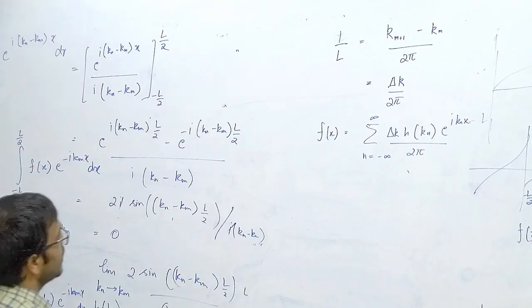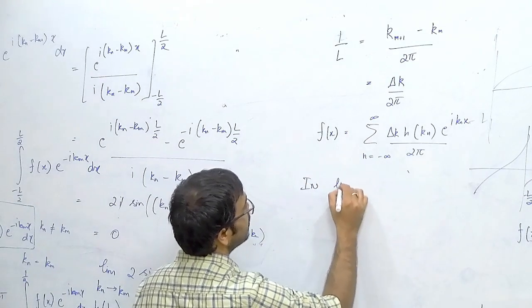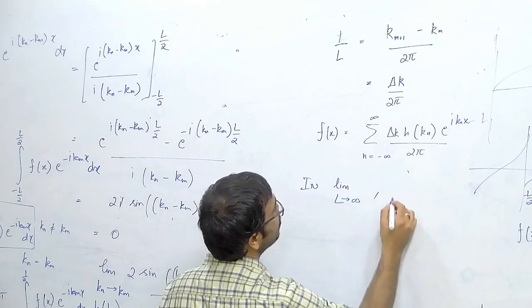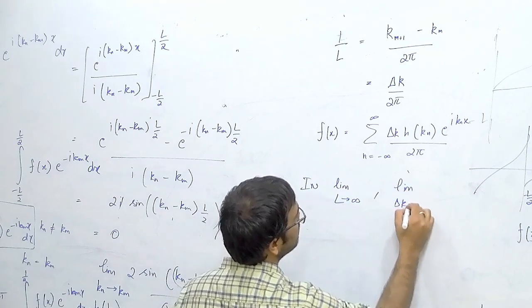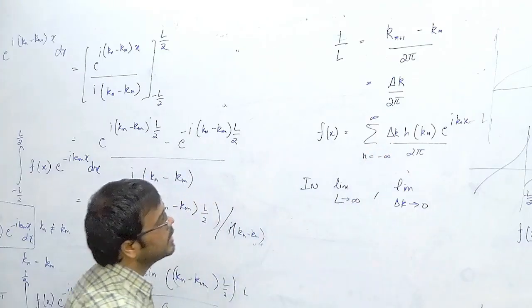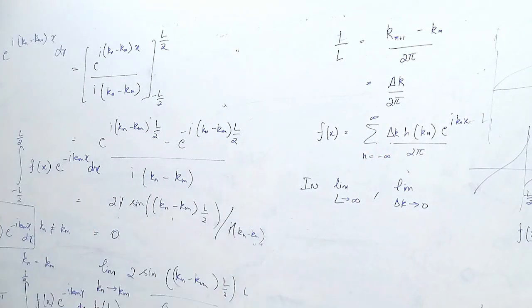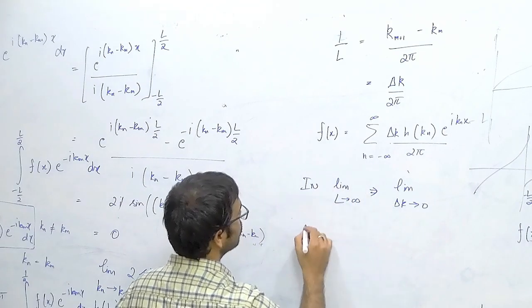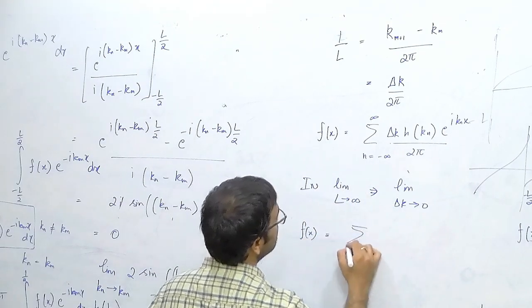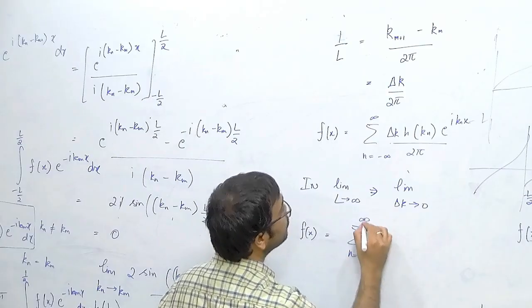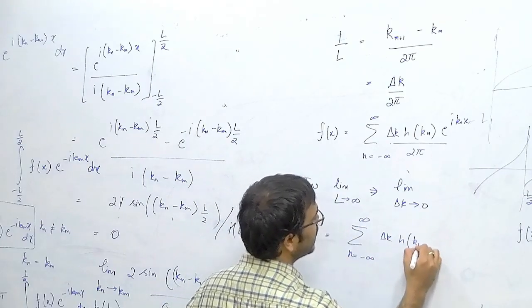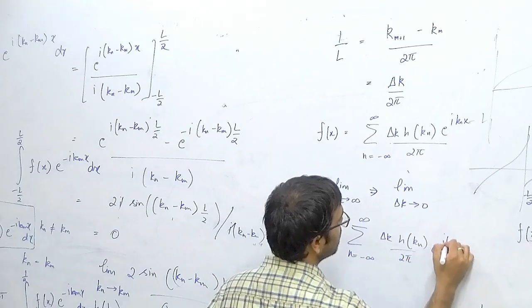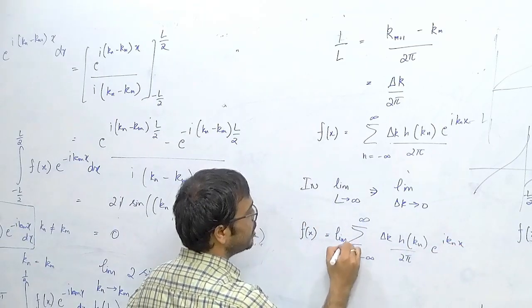Now, in the limit L tends to infinity, we know this is equivalent to saying limit delta k tends to 0. So, when I write this in the limit delta k tends to 0, what does this get converted to? What is this summation? f of x is the sum from minus infinity to infinity of delta k h of k_n by 2 pi e to the power i k_n x, in the limit of delta k going to 0.